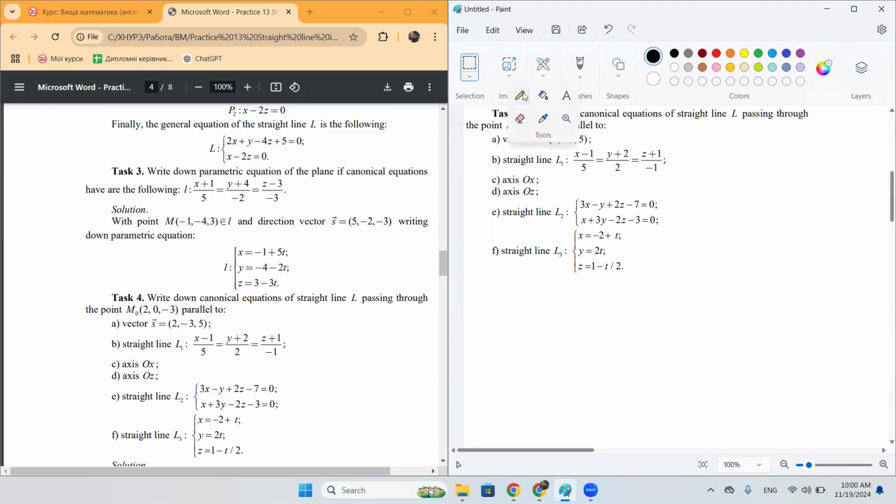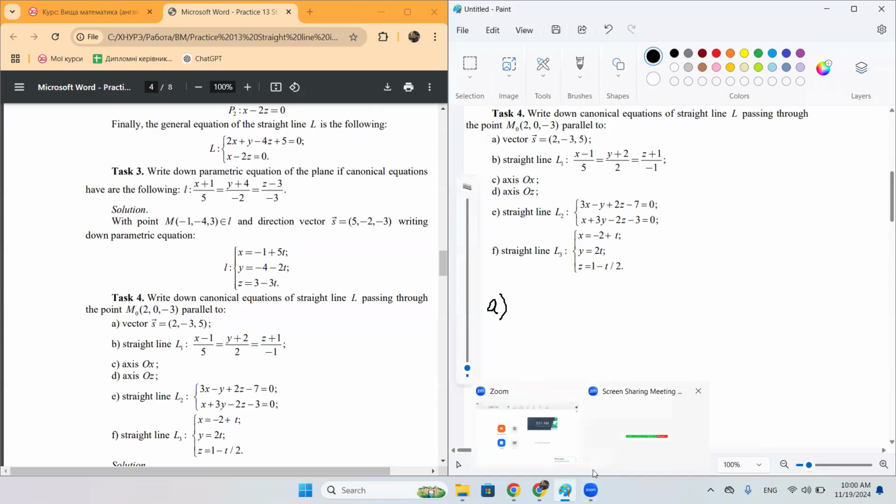So how to solve part A? We have the point, and what else do we require? Either another point or a direction vector. So any ideas how to solve?